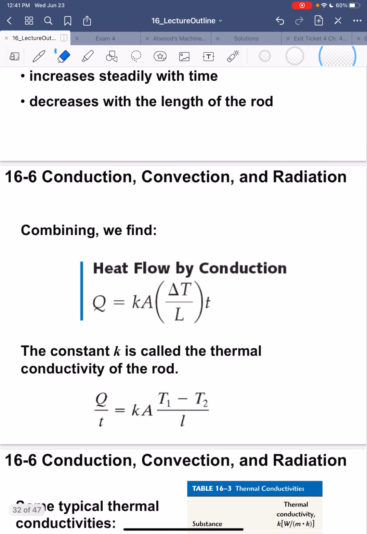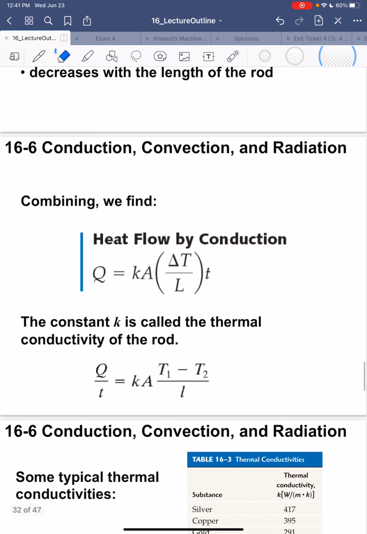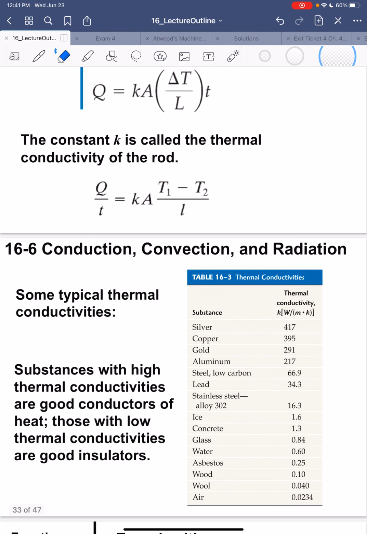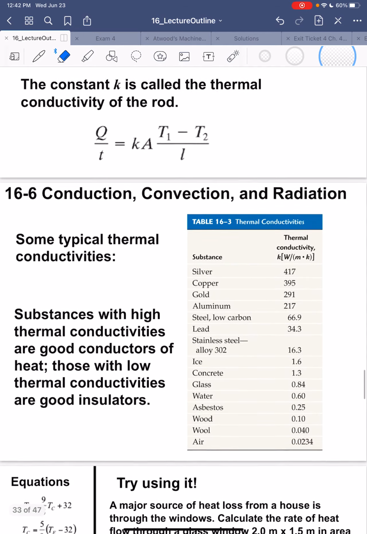And here the constant K we call the conductivity of the material. In this table, some typical thermal conductivities are given. Substances with high thermal conductivities are good conductors of heat. Those with low thermal conductivities are really good insulators.